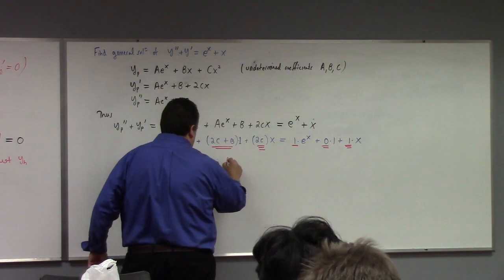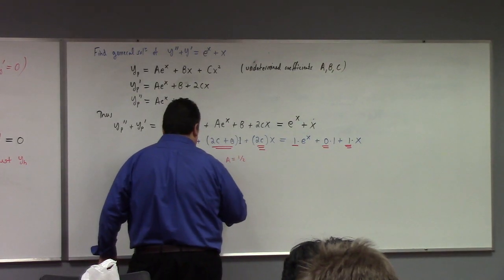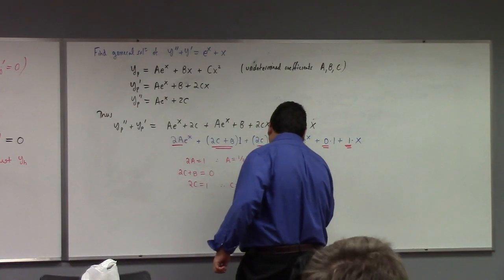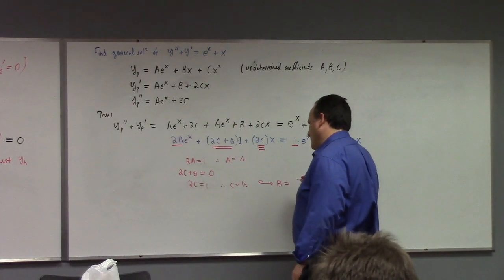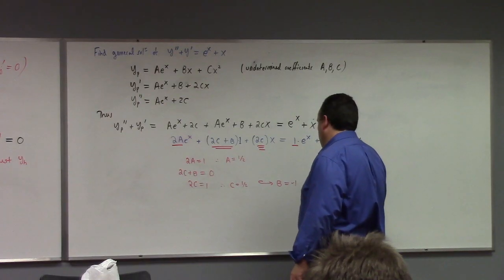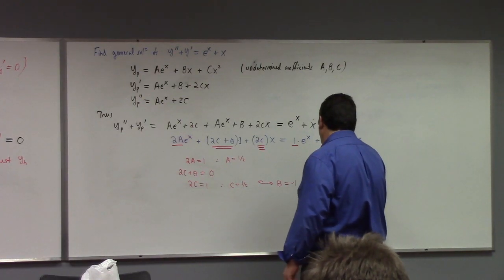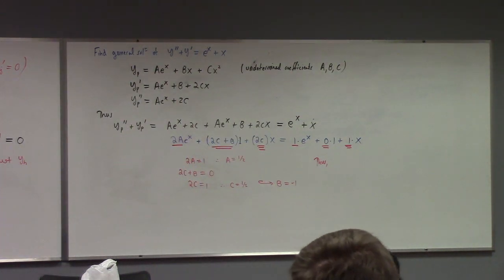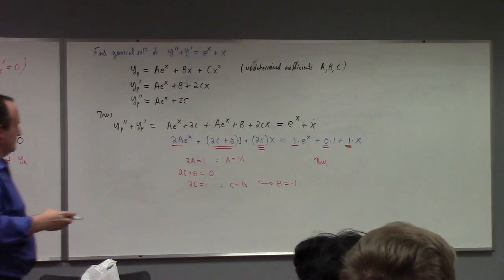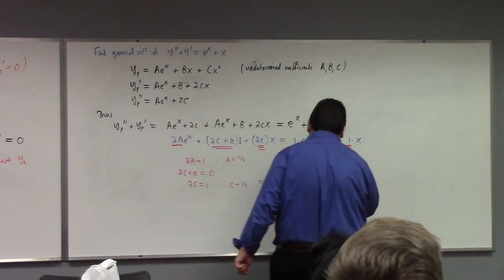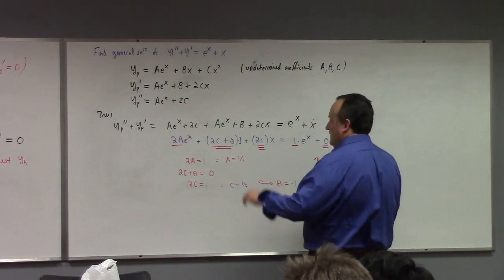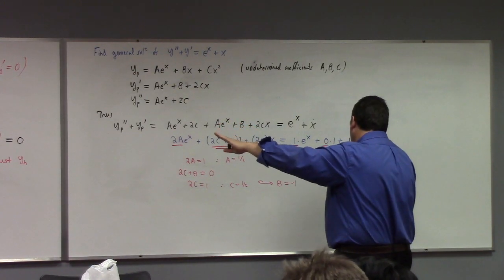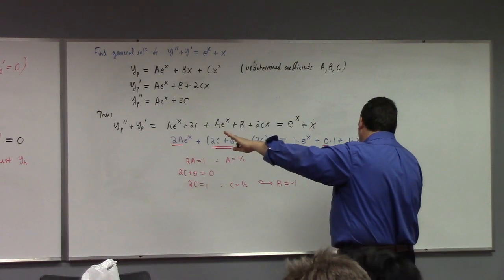So therefore A is a half, c is a half, and b is -1. Put it all together, final solution. Going back to the theory, we have the homogeneous piece, c1 plus c2 e^(-x).